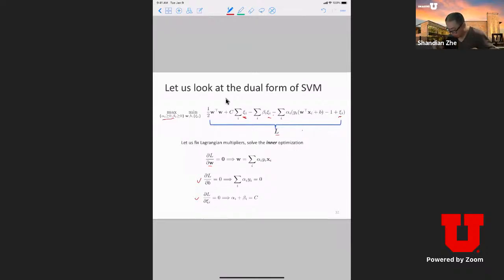So if you set the gradient to be 0, for every training example i, you have an alpha i, so it comes from here. Remember the Ci has a coefficient alpha i and beta i here, and also a constant C here. So we immediately get that the summation of every pair of alpha i and beta i is simply C, the pre-specified constant.